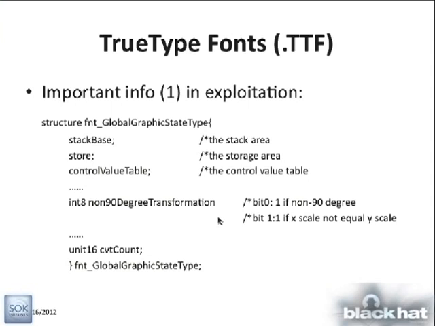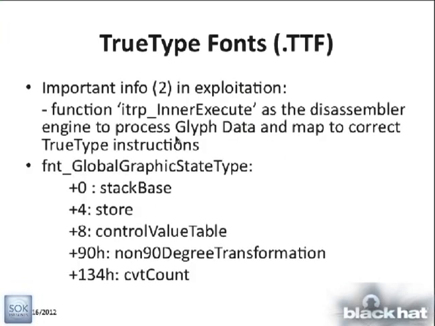Those instructions will interact with the FNT_GLOBALGRAPHICSSTATE type structure. Something interesting we would like to share with you all is that this structure is undocumented in MSDN or the Microsoft library. Another interesting function is the interpreter, ITRP_InnerExecute, which is designed to act as a disassembler engine to process glyph data and map it to the correct TrueType instruction.